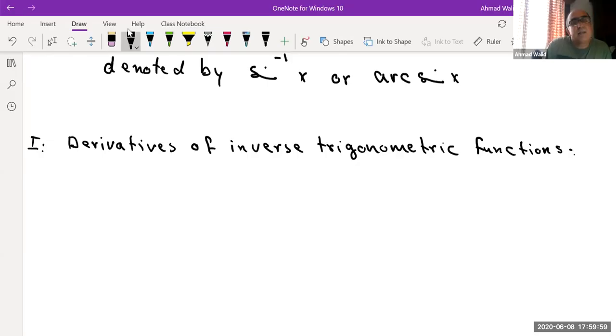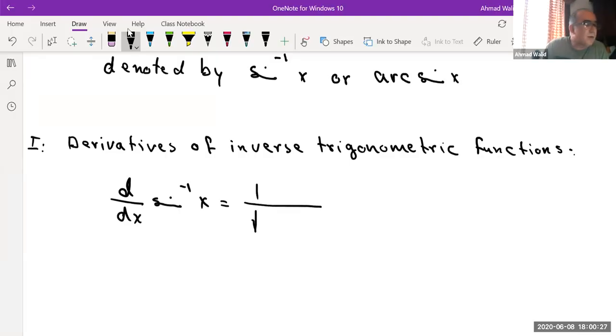Why not with sine? Let's go in order. d over dx of inverse sine x equals 1 over the square root of 1 minus x squared, when you have the restriction that x is less than or equal to pi over 2 and greater than or equal to negative pi over 2.